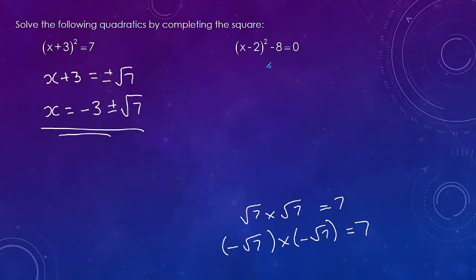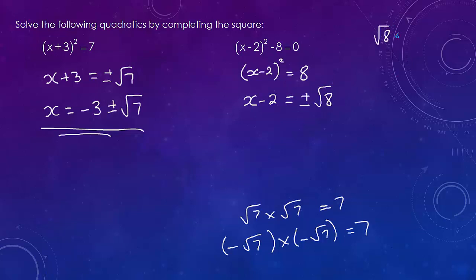So looking at this second example, we have x minus 2 all squared would be equal to 8 if we just add 8 to both sides of the equation. Now we can square root. We'll have x minus 2 is equal to plus or minus root 8.